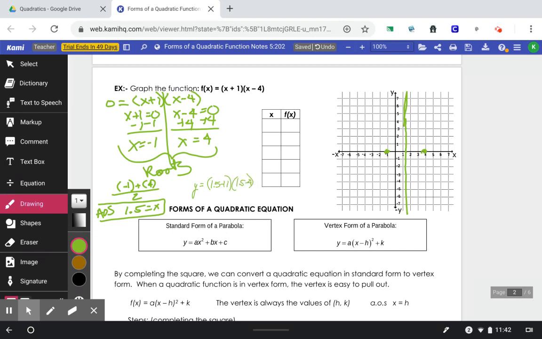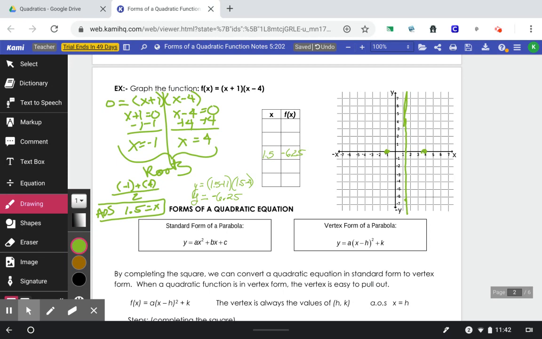Okay, when I plug those in, I end up with positive 2.5 times negative 2.5, so I get y equals negative 6.25. So I know negative 6.25 is about here. That's going to be my vertex point. So when x is 1.5, my y is negative 6.25.